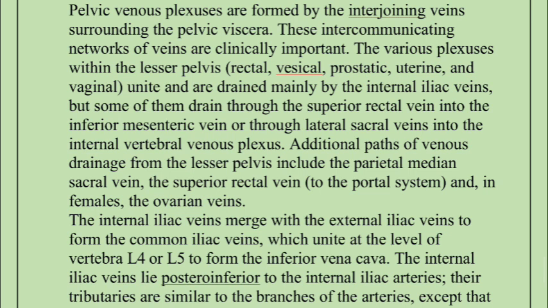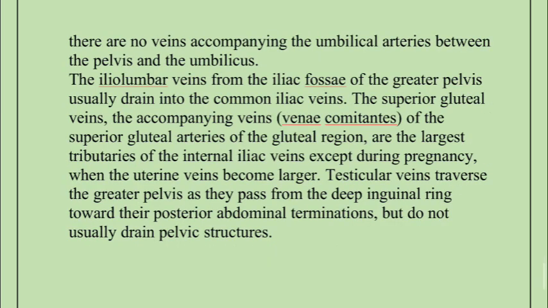The internal iliac veins lie posterior inferior to the internal iliac arteries. The tributaries of the internal iliac veins are similar to the branches of the internal iliac arteries, which I mentioned earlier on, except that there are no veins accompanying the umbilical arteries between the pelvis and the umbilicus.